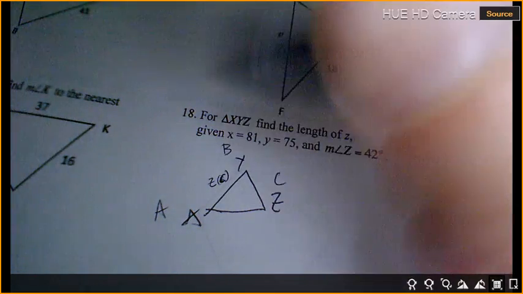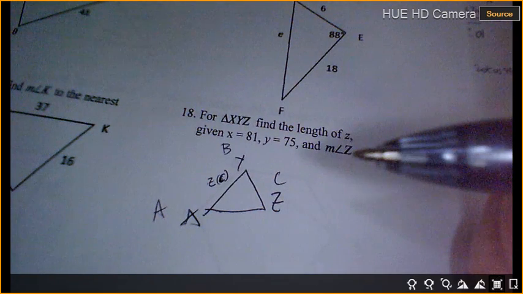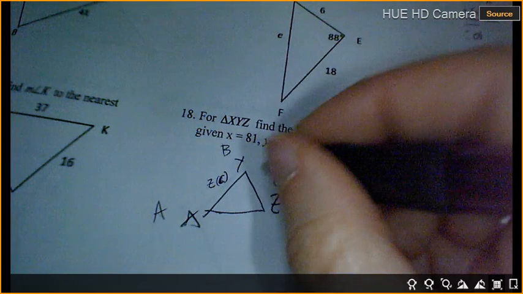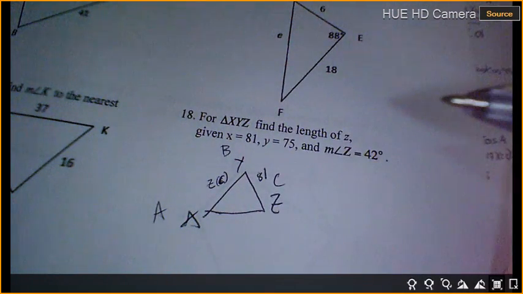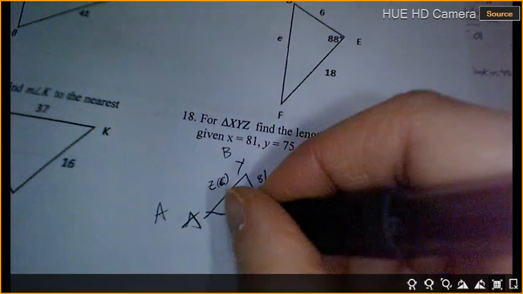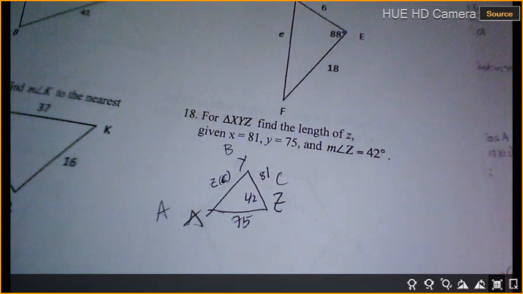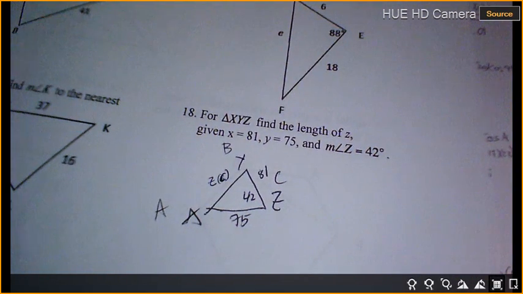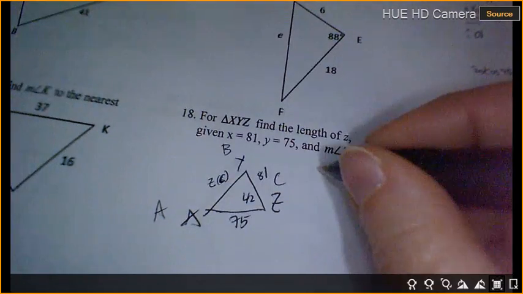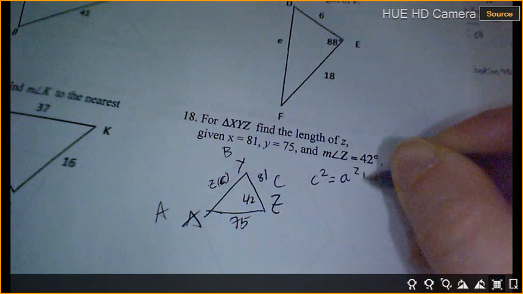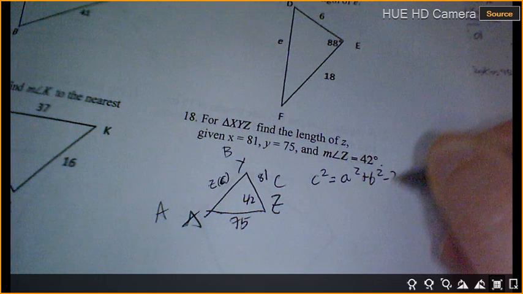Given that x is 81 and y is 75 and angle Z is 42. Okay? So you can think of it as C if you want, or Z, and you're going to stick it in like c squared equals a squared plus b squared minus 2ab cosine C.